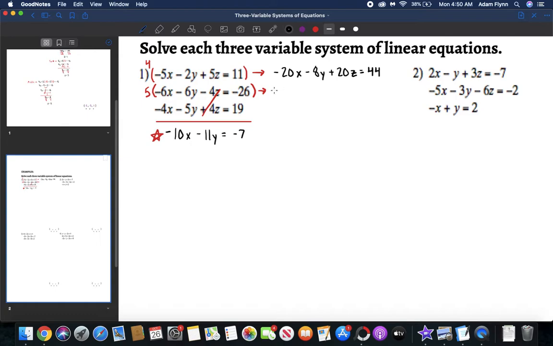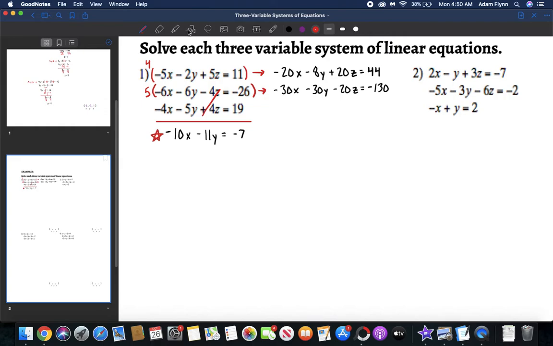And down bottom I get negative 30x minus 30y minus 20z equals 26 times 5, which is going to be negative 130.